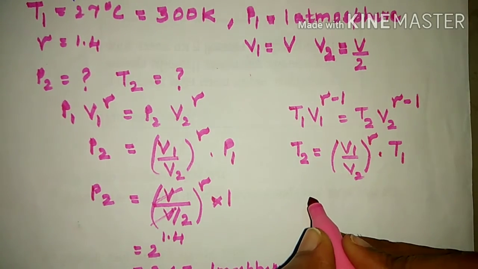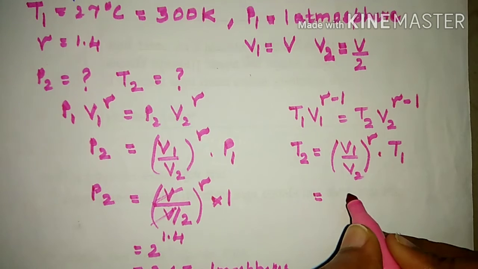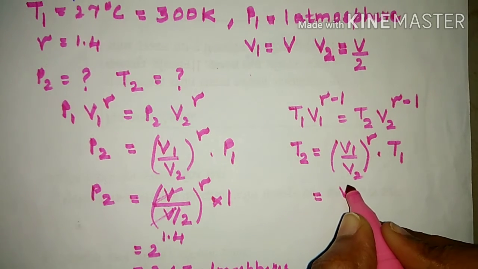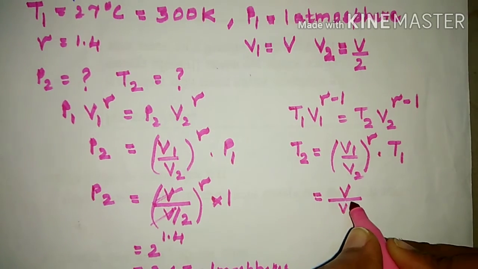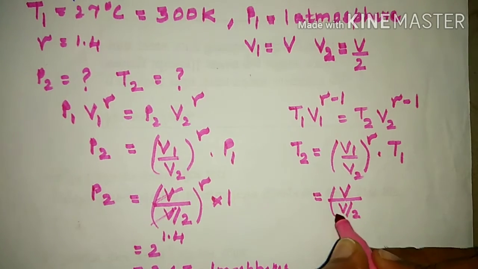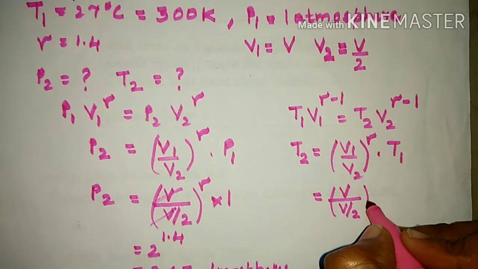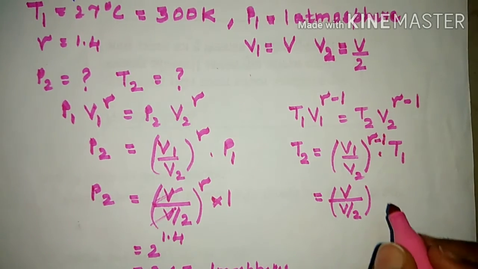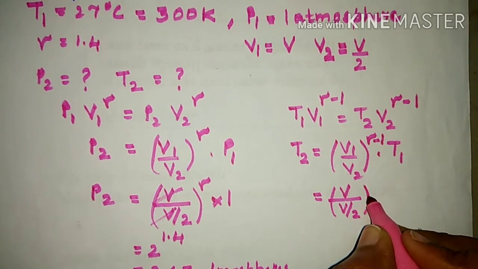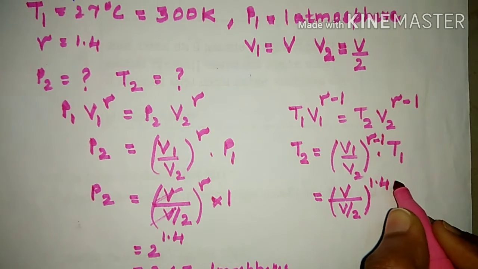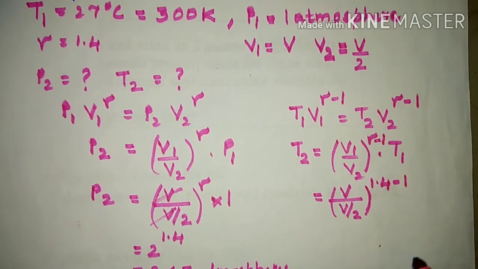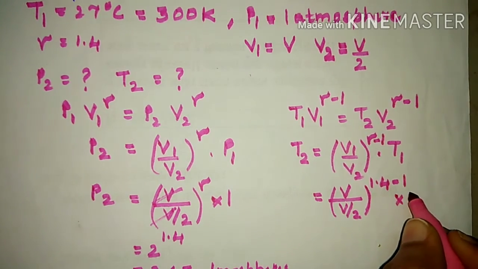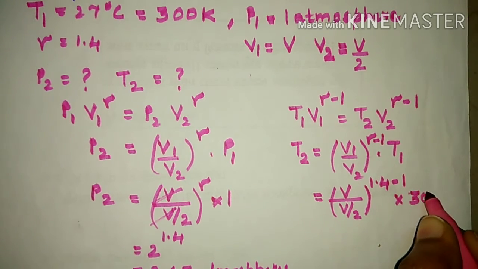Substitute the values, you get V1 is V and V2 is V by 2. There is a mistake here, this is gamma minus 1. So this will be raised to 1.4 minus 1 into temperature T1, which is 300.